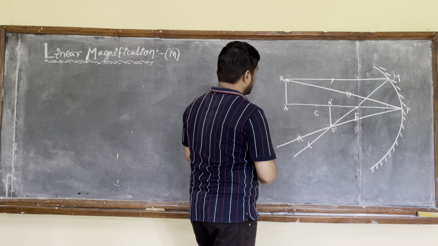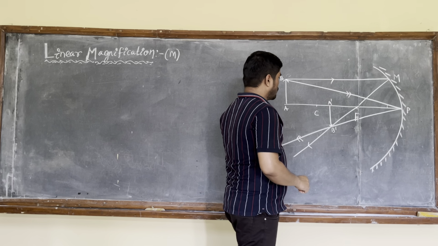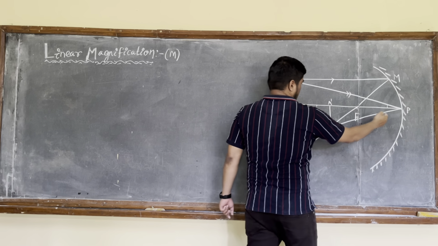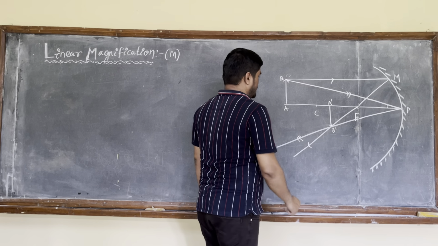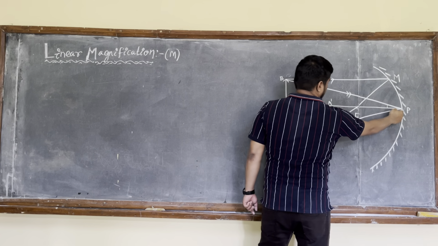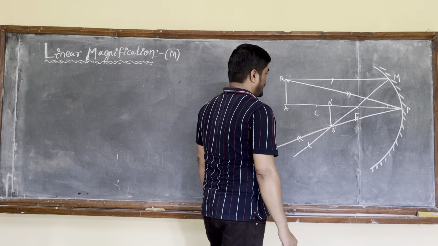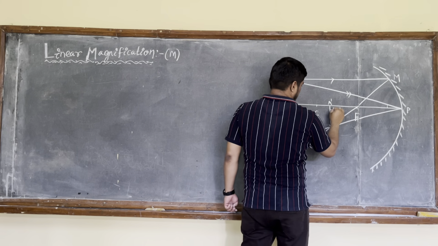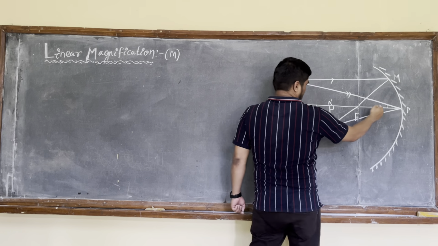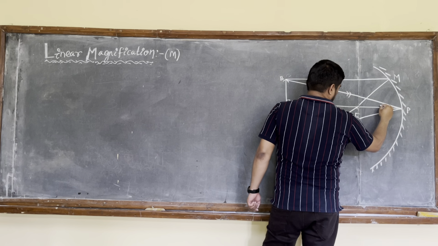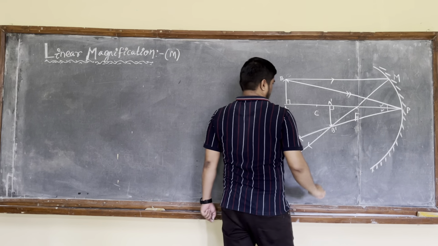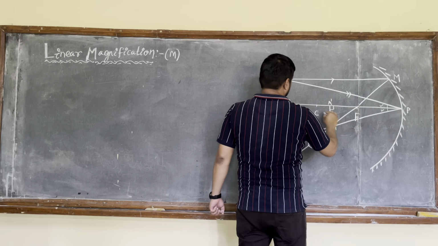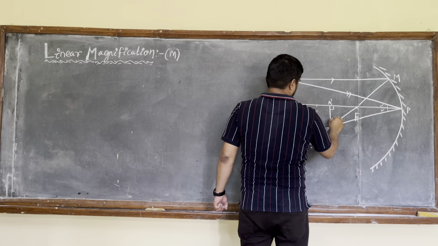and here you can see two triangles are there. One is A dash B dash P, another triangle is ABP, and if you compare these two triangles, this is the right angle, this is the right angle, this is the angle of incidence, this is the angle of reflection. So these two angles will be equal, and the remaining two angles will also be equal.